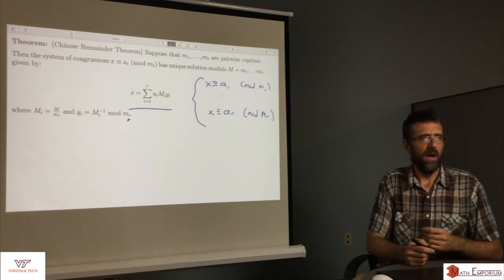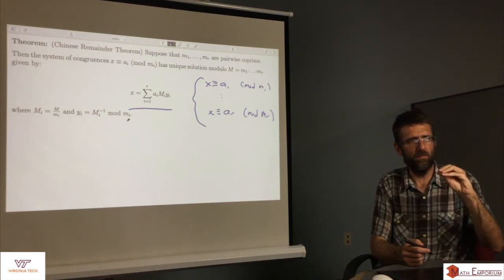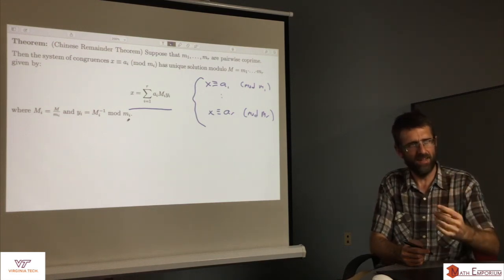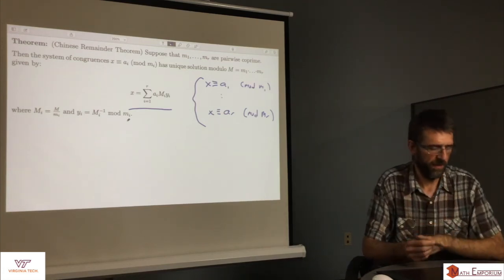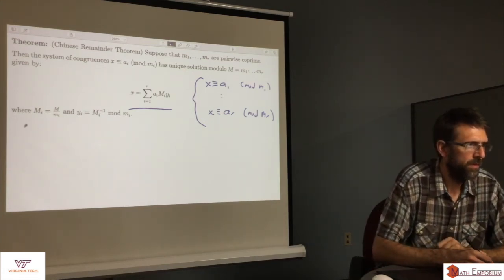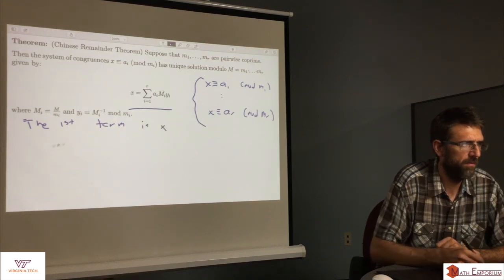Okay. All right, so let's try to see why this works. We're going to do this by focusing on what's going on with i equals 1 to start with. So the first term in our solution for x, what is that?